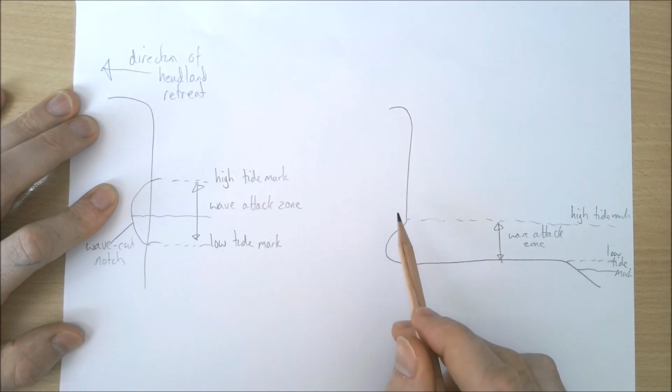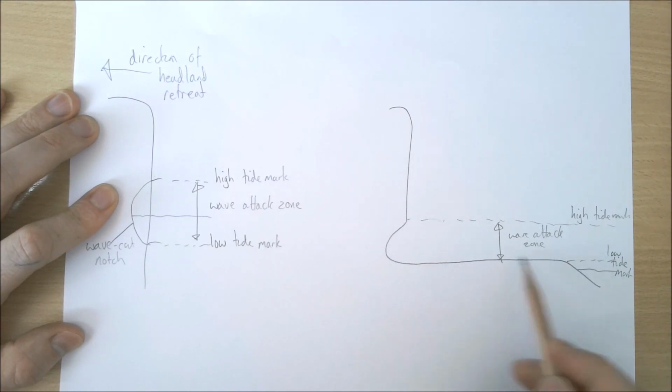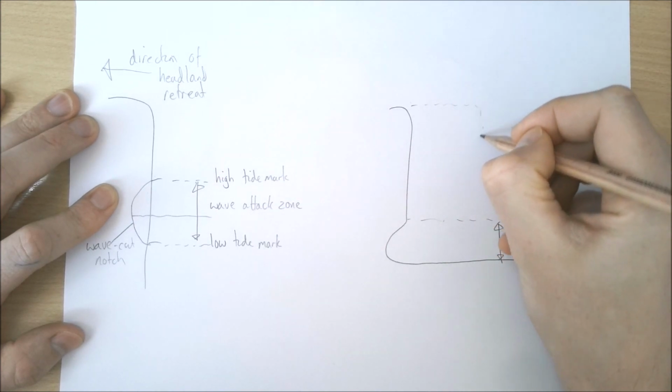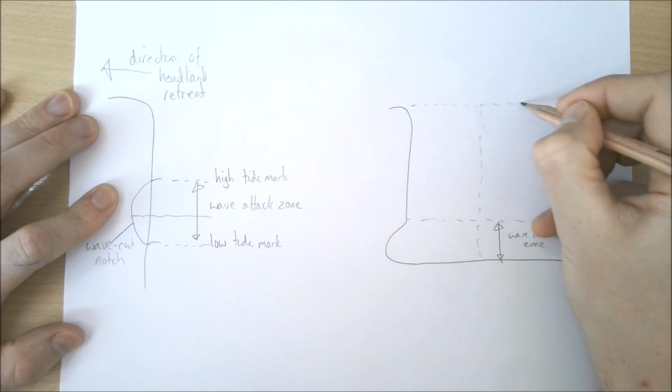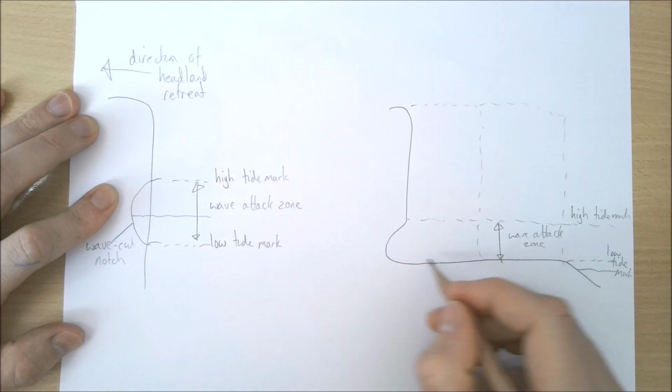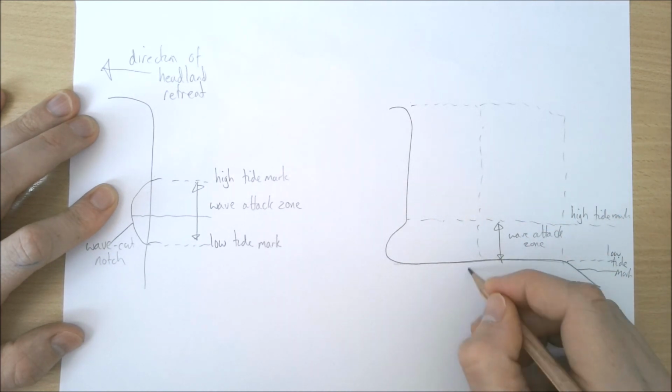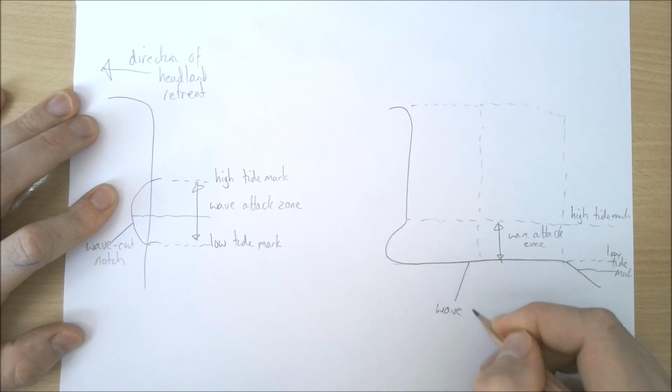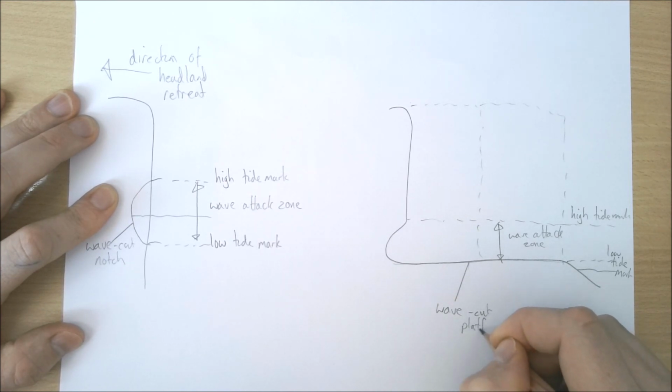And we've now got this feature here where if we think about the old cliff profile, it's moved back. So we're left with this area here. This is a wave cut platform.